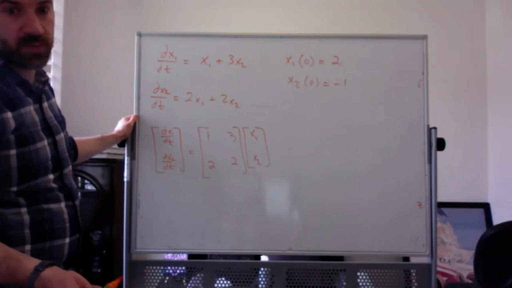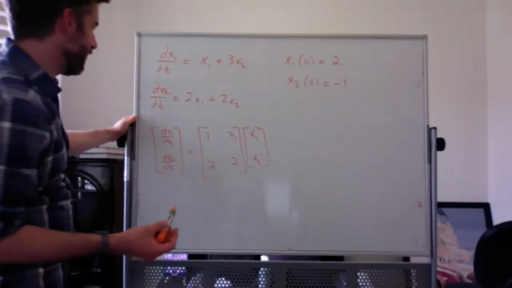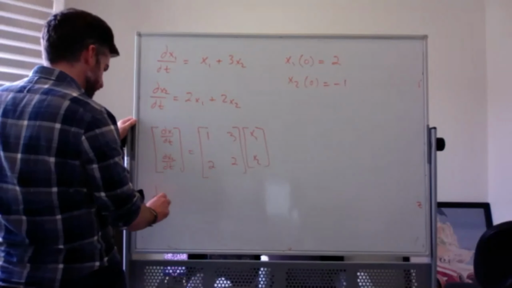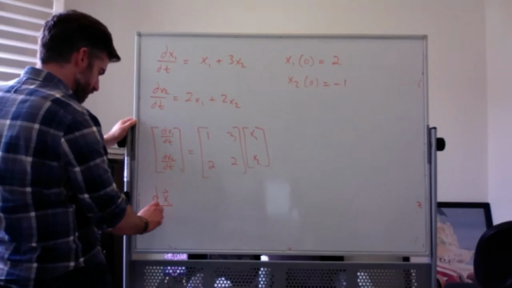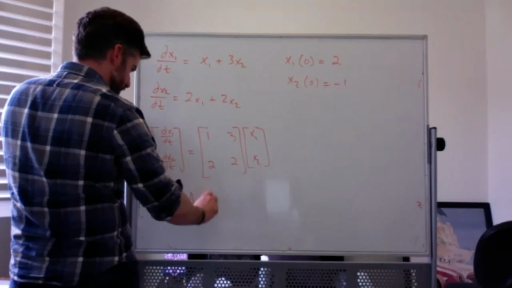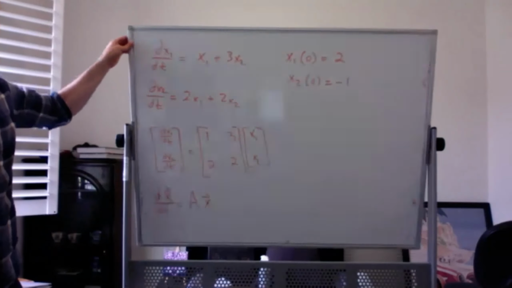The idea behind the solution is that we write this in this compact way: the derivative of this vector is equal to this matrix times that vector. It's kind of the same equation as what we have on the other side here.